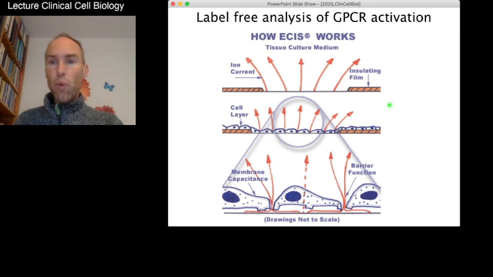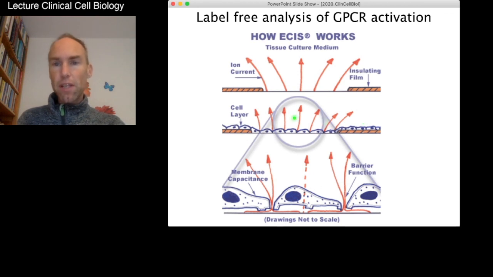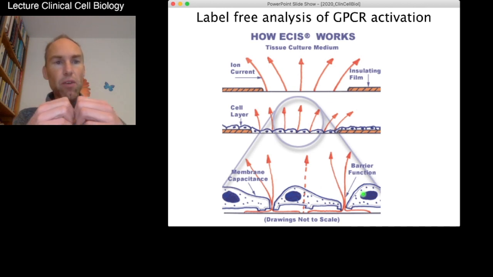Now the way that it works is that we have a current flowing through our cover slip. When we have a cell layer here, it works as an insulator. So the current that flows through this cell layer is lower than what you would have if there is no cell layer. If this cell layer is intact, we have some resistance, and we can measure the resistance over time. A drop in resistance basically means that these cells start to contract and generate holes.